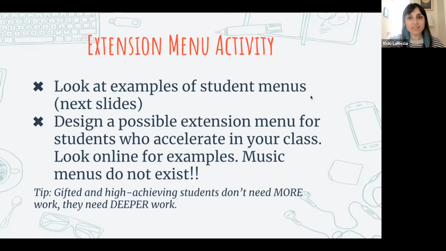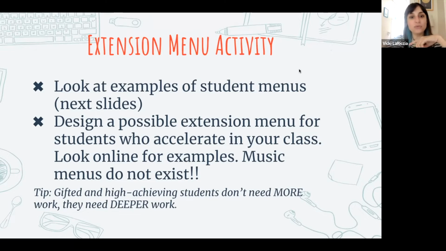I'll show you some examples that former grad students have made in my class, but it's mostly for gifted and high achieving students in your class who work quickly and well, and they just need something to go deeper and to stimulate that part of their mind.